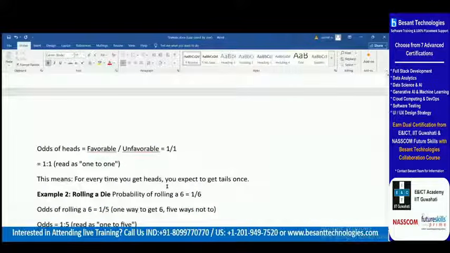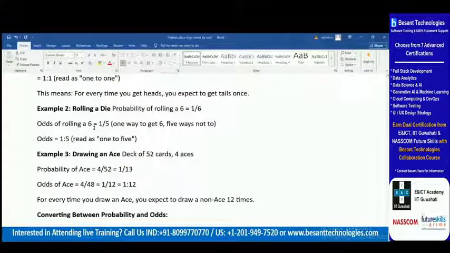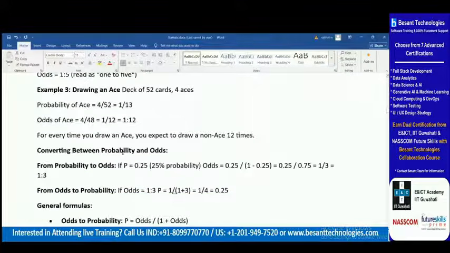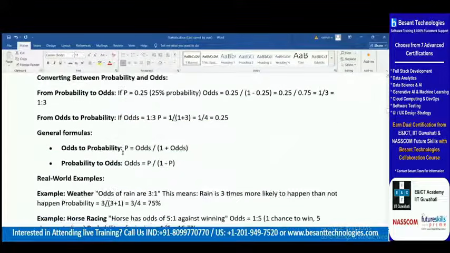Let's take one more example. The probability of rolling a 6 on a dice is 1 divided by 6. So I calculate the odds ratio, which is 1 divided by 1 minus the probability of the event, which is 1 is to 5. Hope you understood what the odds ratio is.